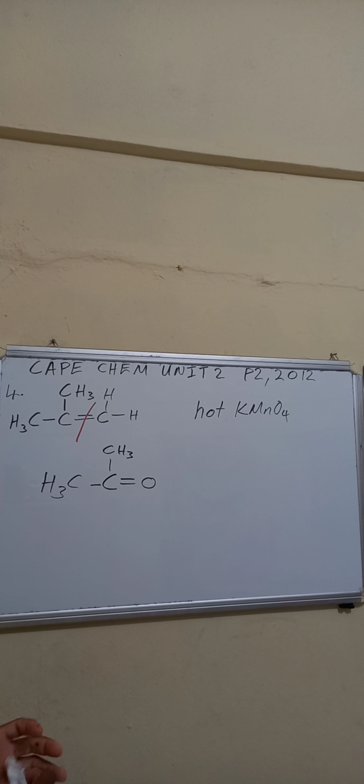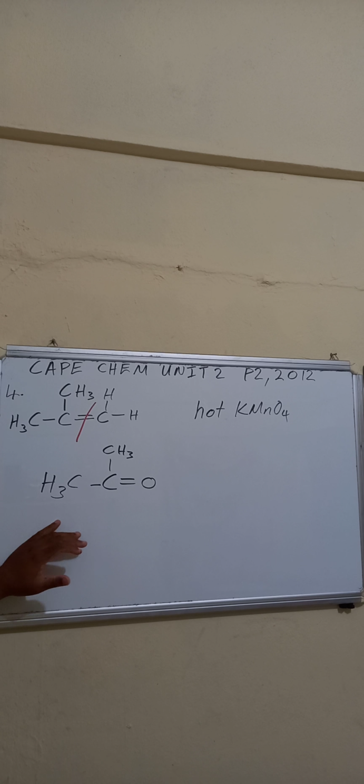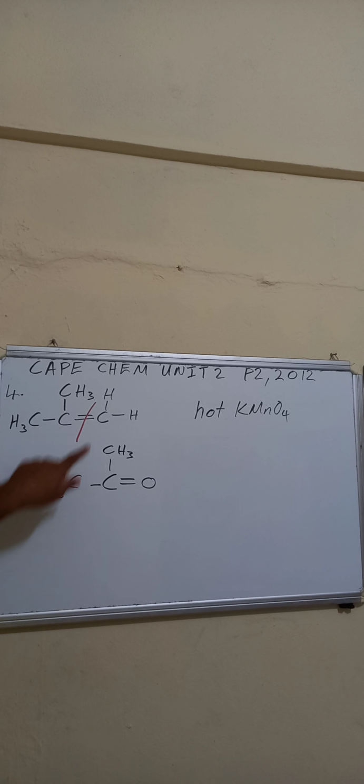Now, based on the structure of the alkene, you might get an aldehyde, you might get a ketone, you might get carbon dioxide and water. If the carbon of the double bond has two hydrogens, you will get carbon dioxide and water.